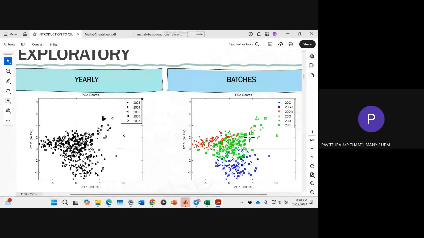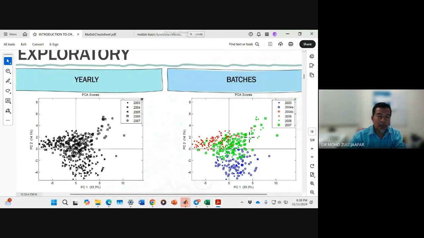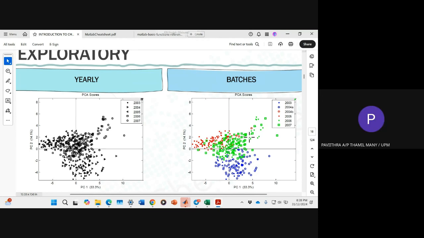Only then can you see this trend. Or else maybe the drift or the cluster is not based on the quality of palm oil, but the quality of the instrument. You understand? Yes, doctor.